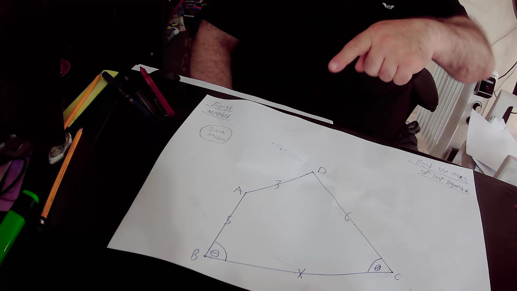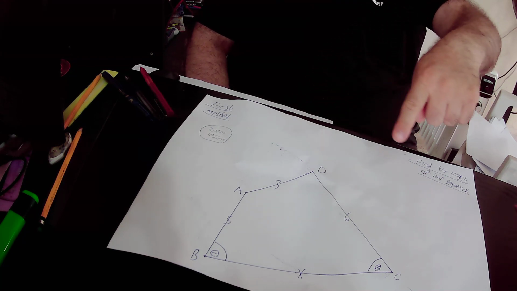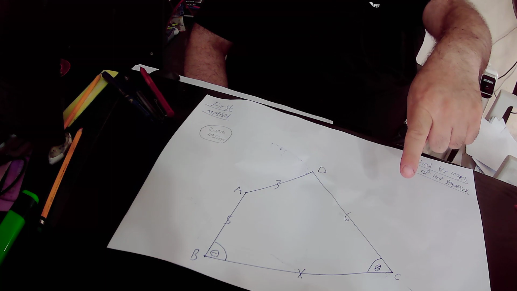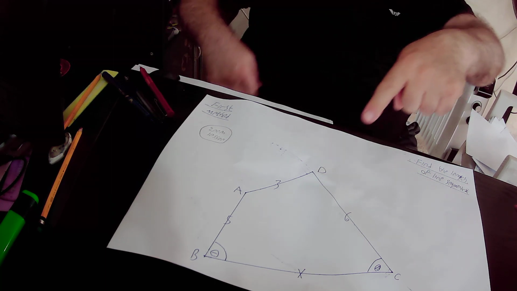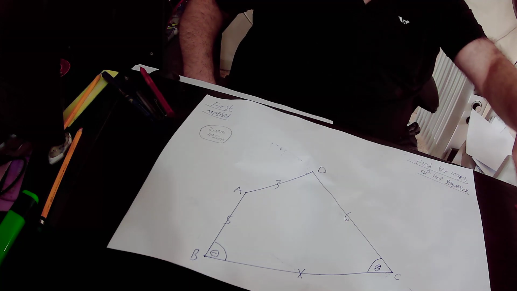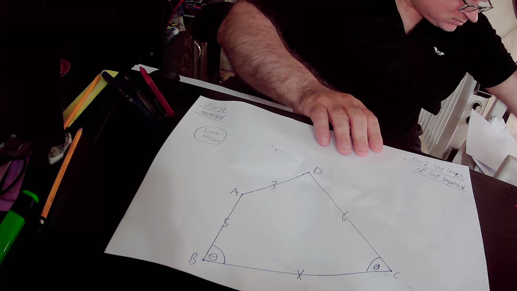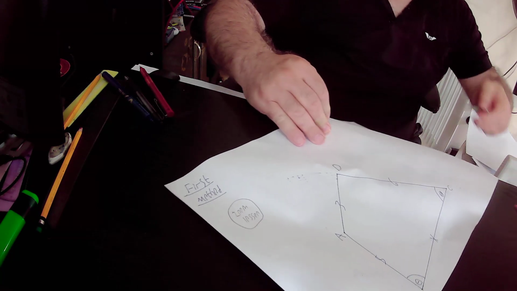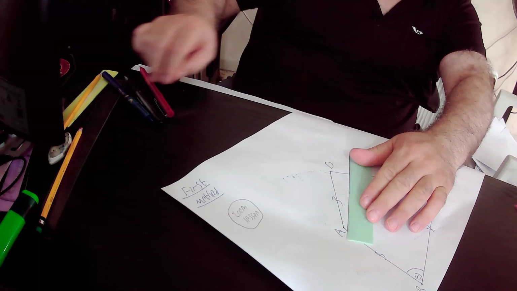We know that side AD equals 3 units, AB equals 5 units, DC equals 6 units, and this angle ADC equals 90 degrees.